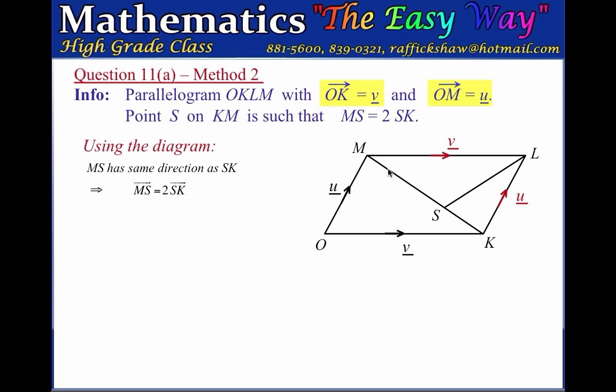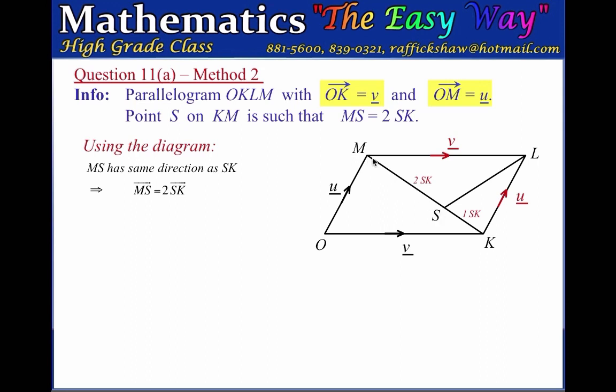Now a neat way of showing how S divides this line based on this equation is to actually put the information from this equation on the line segment. Alright, and it is that the MS piece is equal to 2 times SK, and this is the SK piece. So if I can show this information on the line, then we can see how we can basically divide the line into a ratio, and this is it.